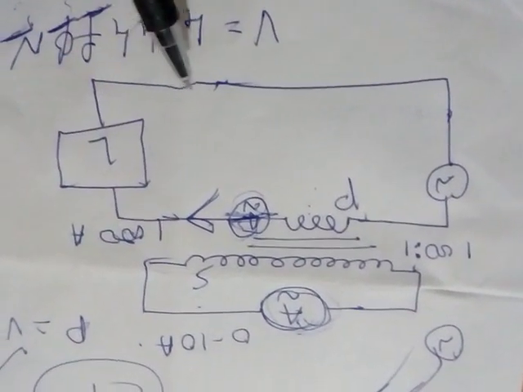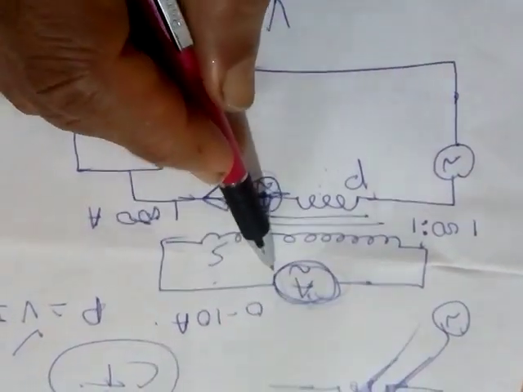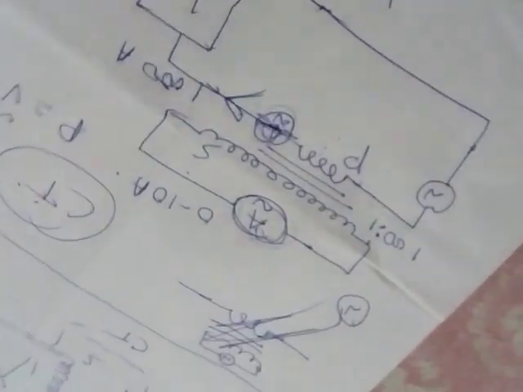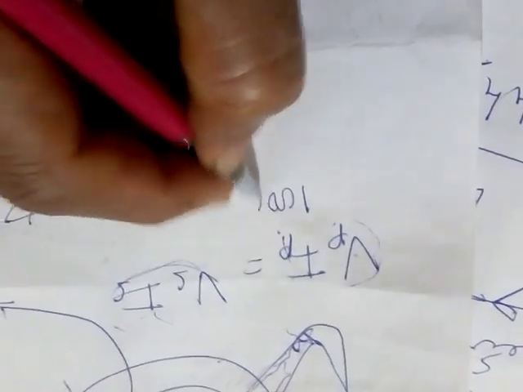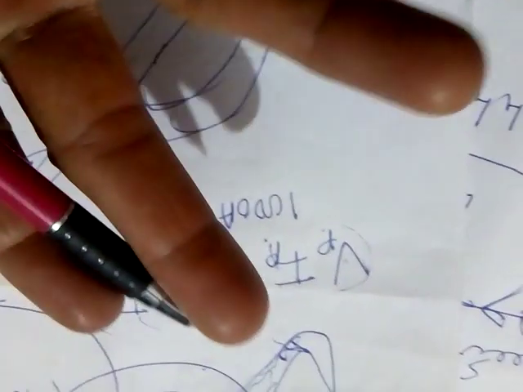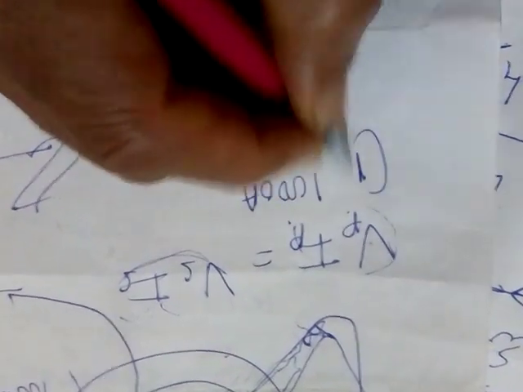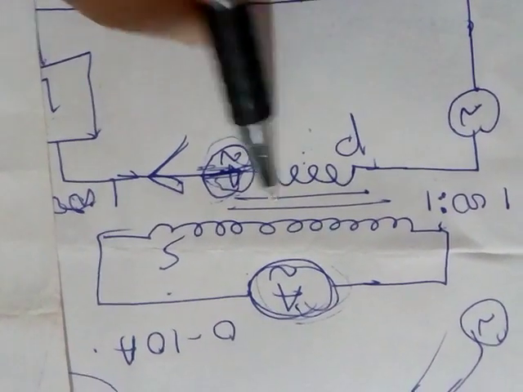So what will happen? If you keep secondary open, there will be primary current, there will be no secondary current. Assume that primary current is around 1000 amperes here. It will be very high because load is high, or even say 10 ampere, whatever it is. Say primary voltage is around only 1 volt because it is only one rod or very few turns.